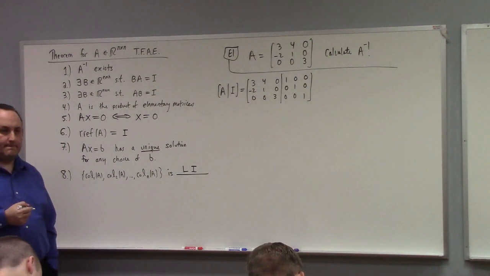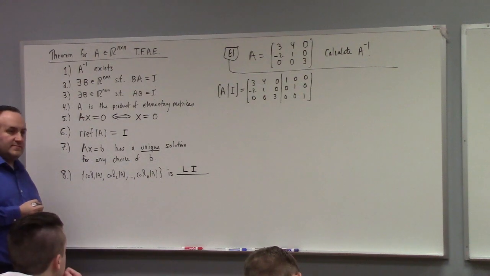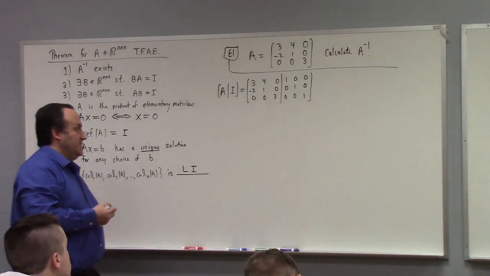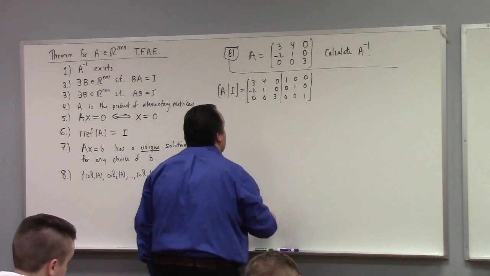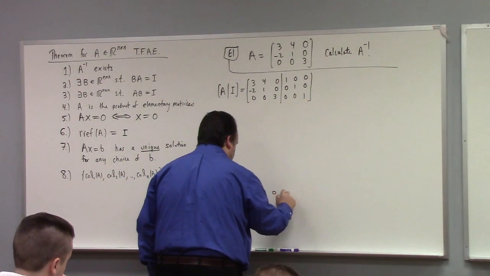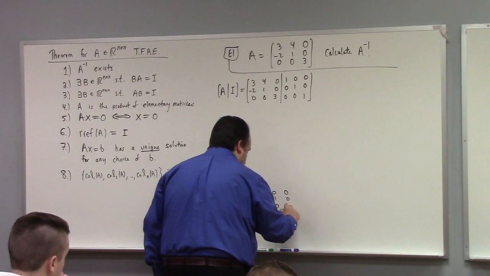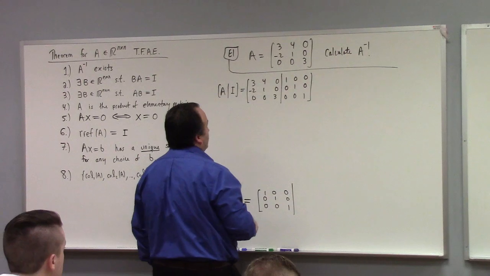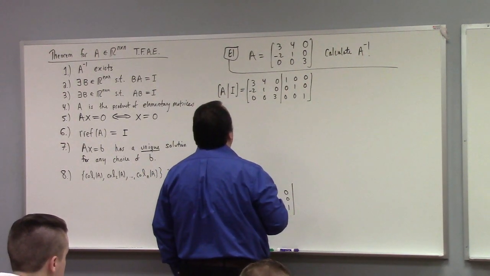All right. Now you guys know row reduction, right? So what's going to happen eventually is we're going to get down to 1, 0, 0, 0, 1, 0, 0, 0, 1. And then over here, let me think about it for a second.